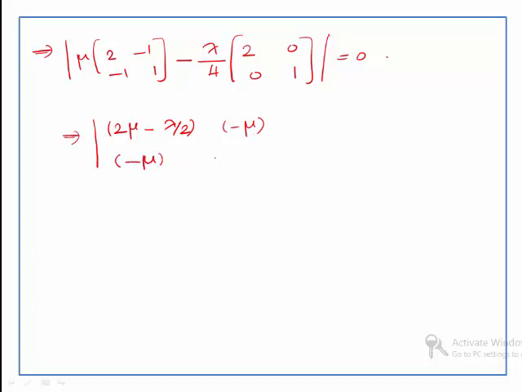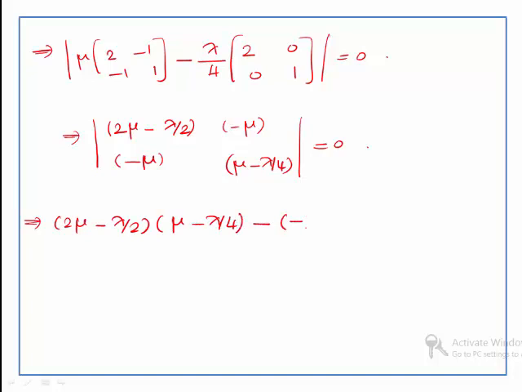Fourth element mu minus lambda by 4 equal to 0. Okay. So simplify பண்ணிடலாம். determinant calculate பண்ணிடலாம். 2 mu minus lambda by 2 into mu minus lambda by 4 minus minus mu into minus mu is equal to 0.